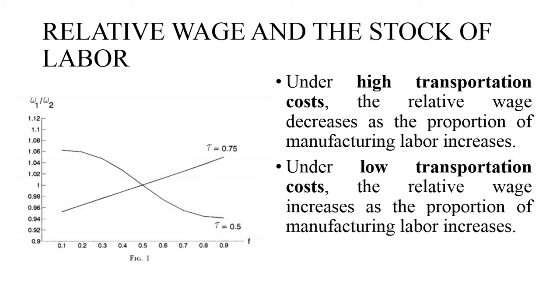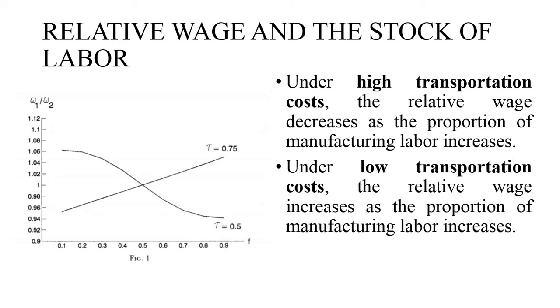If tau is equal to 0.75, which reflects low transportation costs or low transaction costs, because 75% describes the proportion of product which arrives in the region of destination, then the ratio of wages will increase as the concentration of manufacturing labor force in the first region increases. In other words, workers in the bigger regions will get a higher real wage in comparison to workers in the smaller regions.